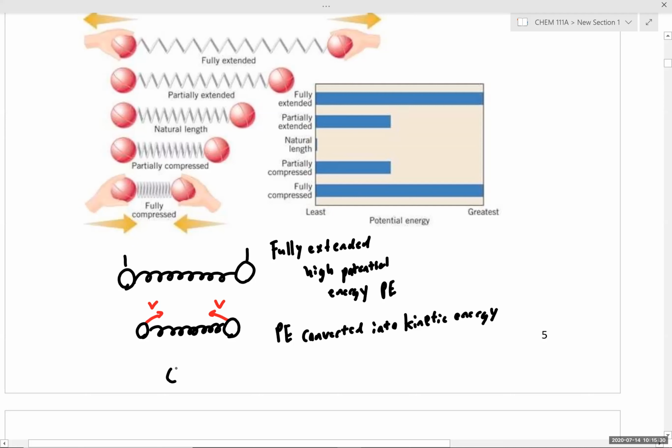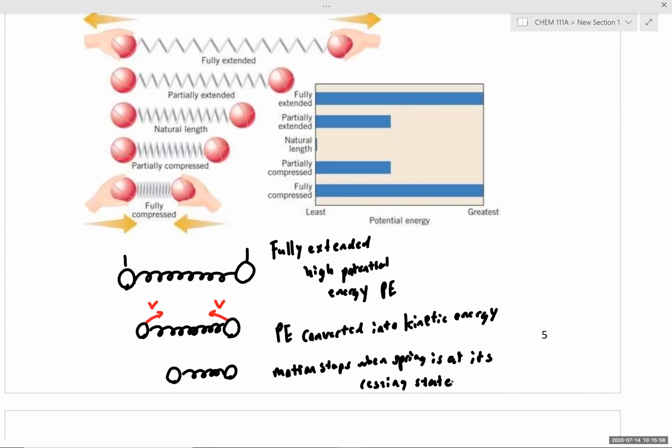Eventually you reach a point when the spring is at its resting state, and the motion stops. If you're curious, why is the spring stopping?